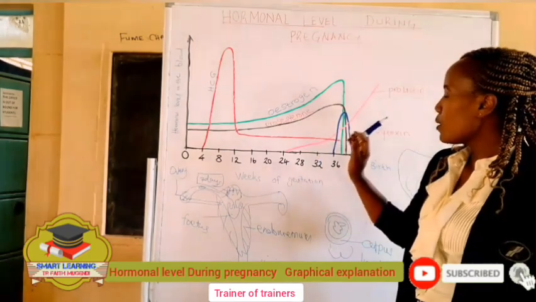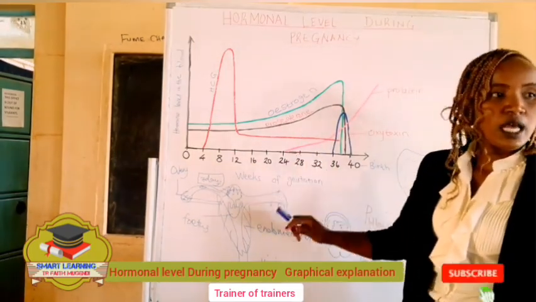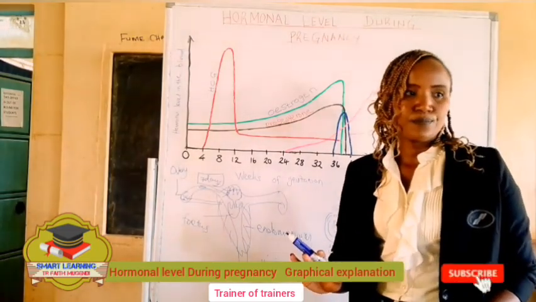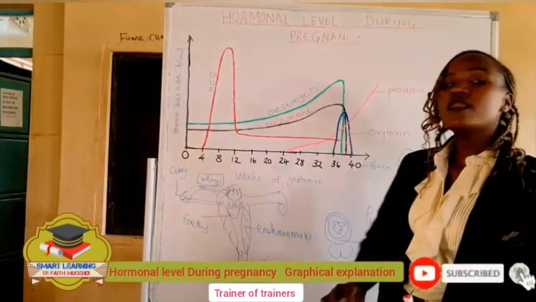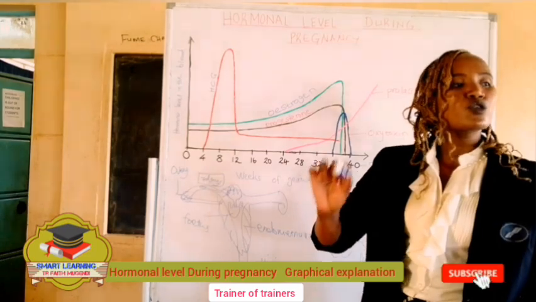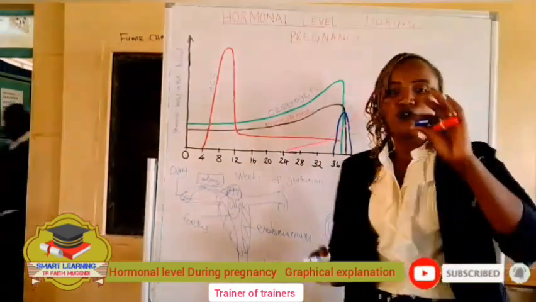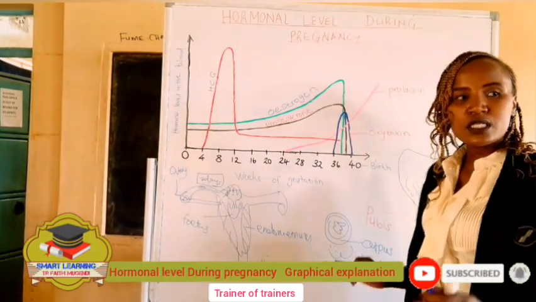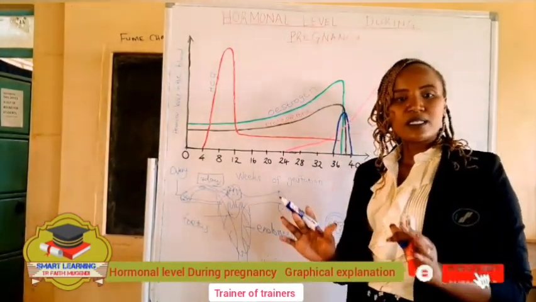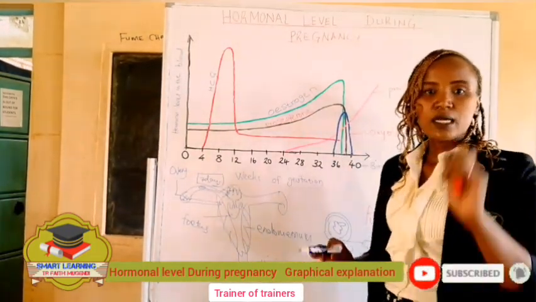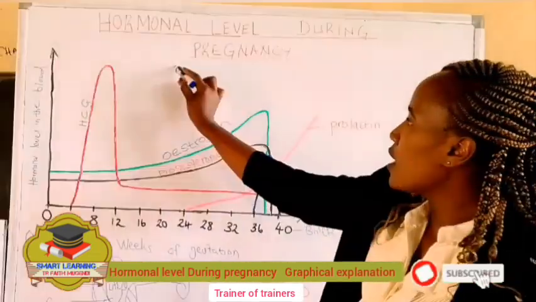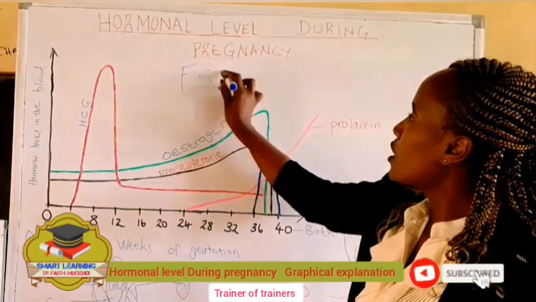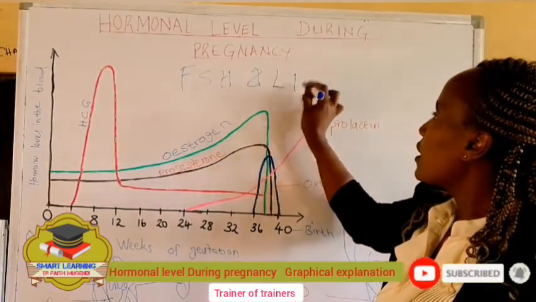Another important function of progesterone is to inhibit. To inhibit is to prevent. So it prevents the production of gonadotrophic hormones. When we talk of gonadotrophic hormones, these are hormones that are produced under the influence of the master gland we call the pituitary gland. These hormones include the follicle stimulating hormone and the luteinizing hormone.